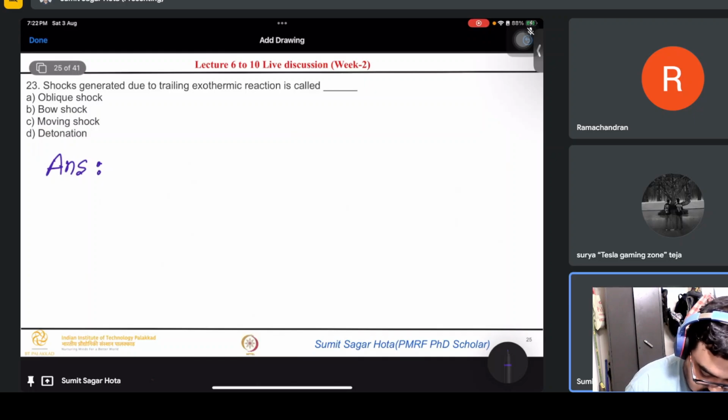We can see this also: when a fighter aircraft is going so fast, there is a huge reaction and a huge sound comes. In dry air kinds of conditions, those reactions you can also call detonation.